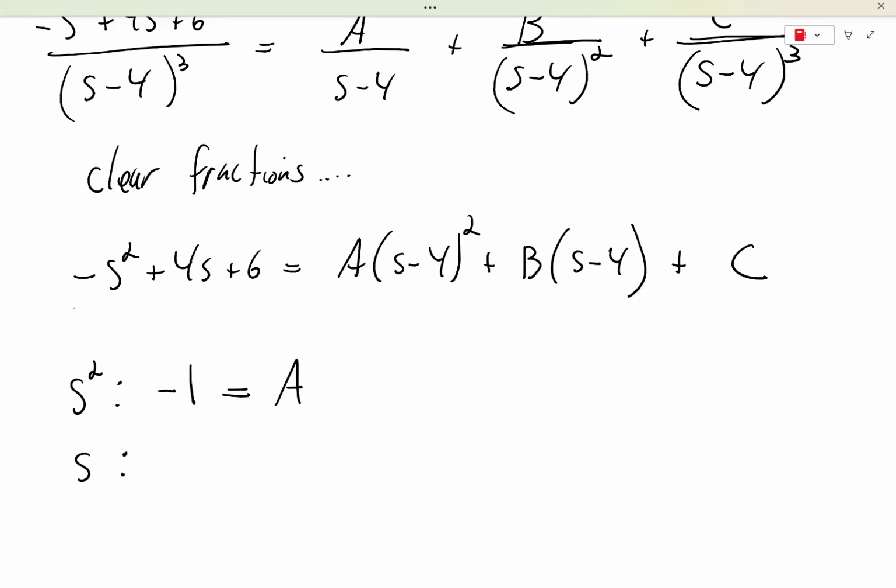This one's a little harder for me. The left side's easy. What's the coefficient on the left? 4. Now, if you multiply all this out, where are you going to get s terms? You'll get a negative 8s at some point when you FOIL that, because you do your s minus 4, you start FOILing, you'll get a negative 4s, another negative 4s. So you'll get a negative 8s there.